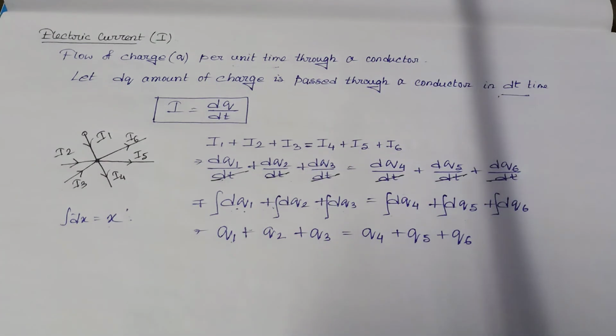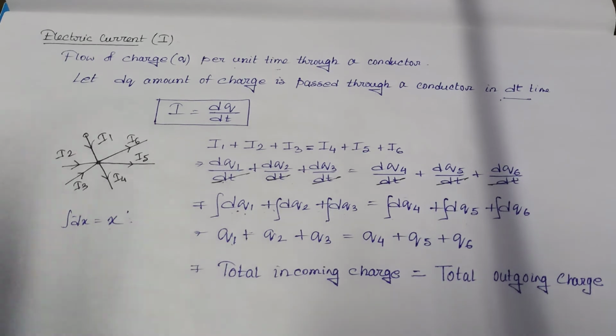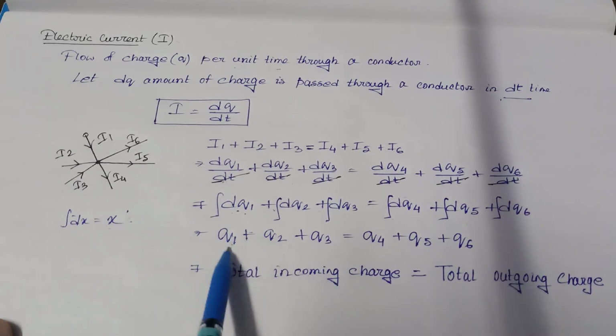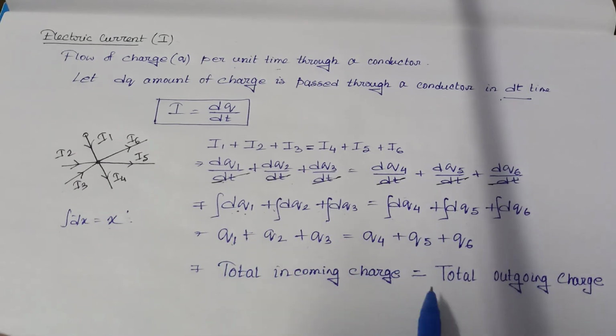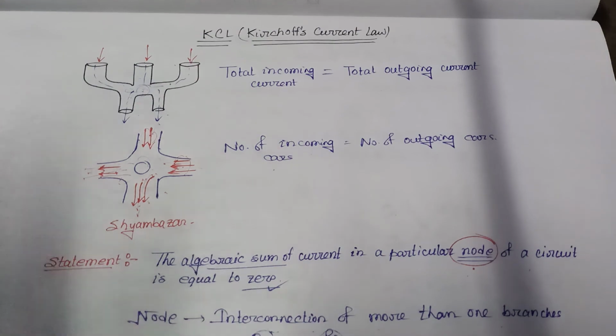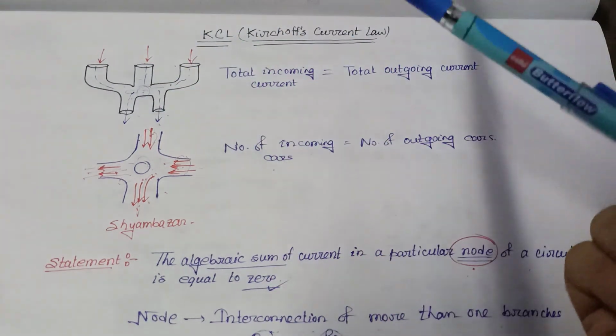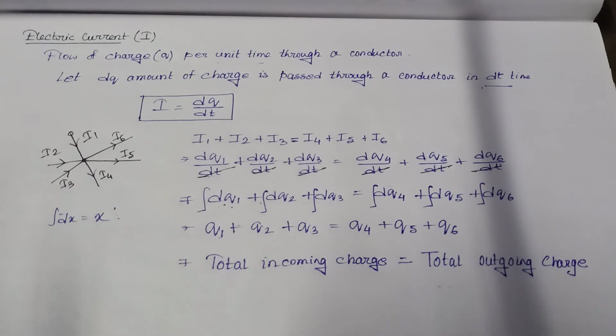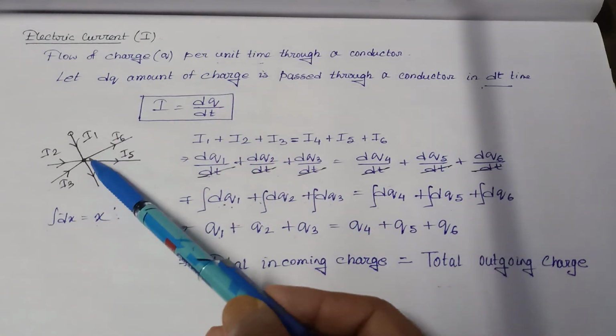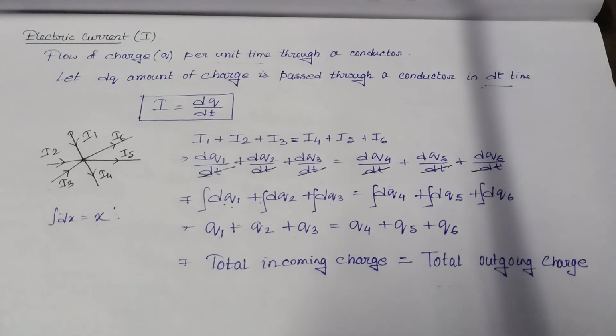Do you know what it means? It means total incoming charges q1, q2 and q3 are equal to total outgoing charges q4, q5 and q6, which is exactly similar to the earlier example where no water was being stored. Similarly here no incoming charge is being stored. The whole amount of charge will go out.